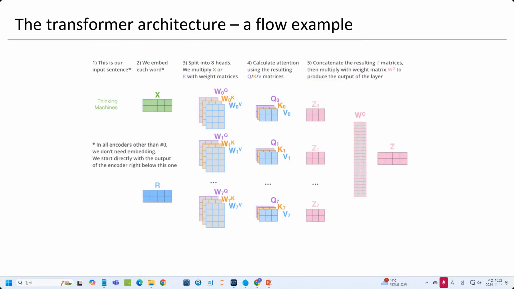What we already looked at in the formula is just a flow to show that once we have each word, we do the multiplication and we get the weight, and we get the q0, k0, v0, and then we have the z0.